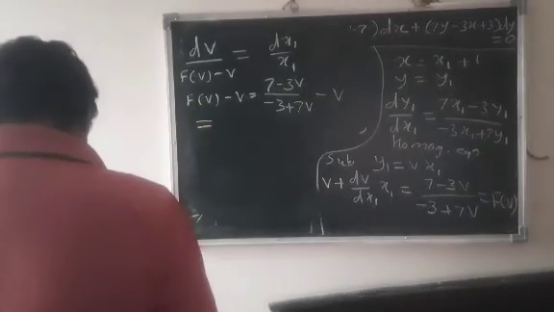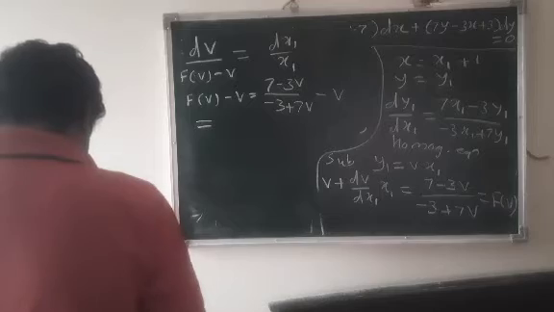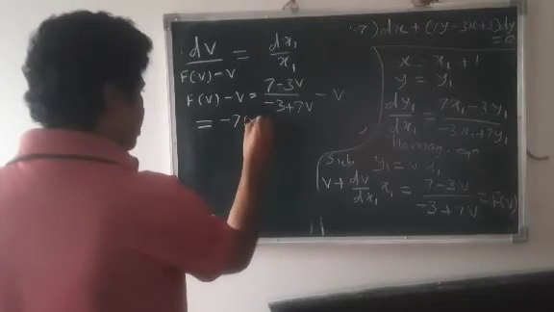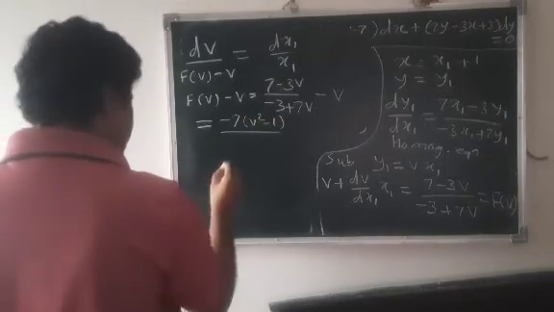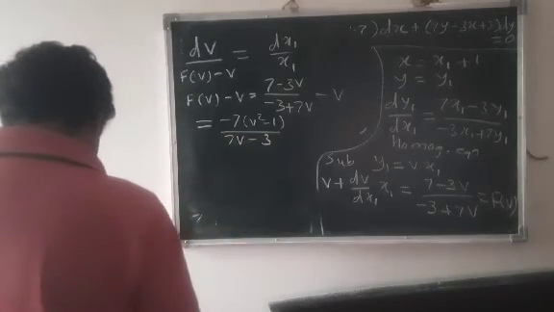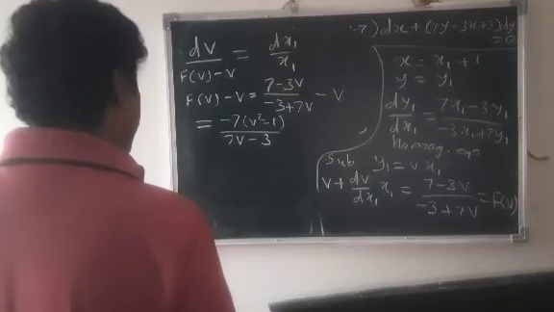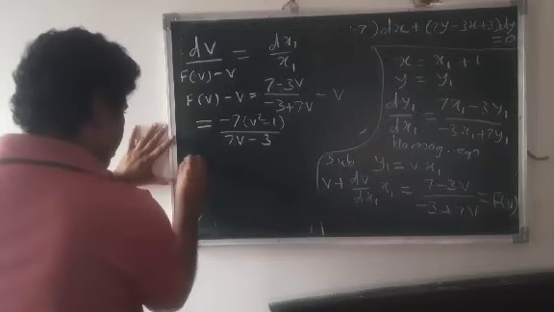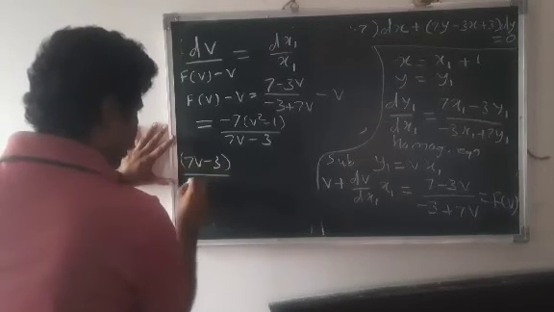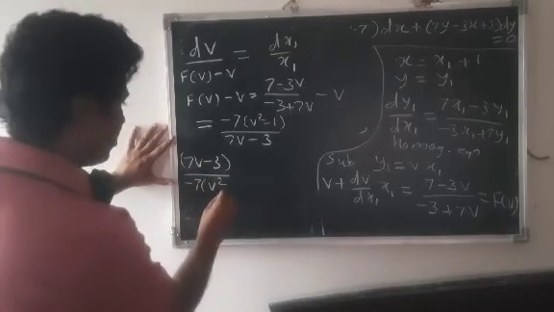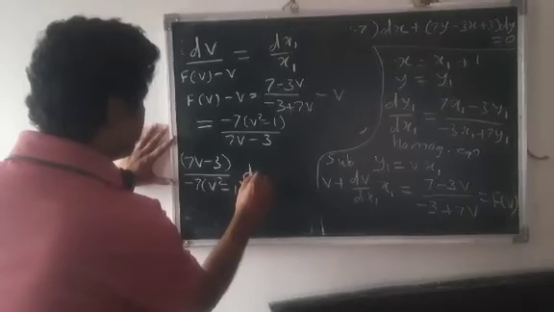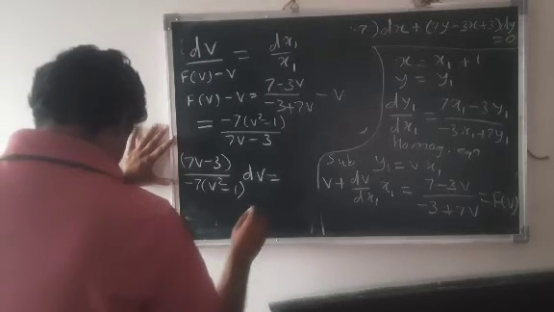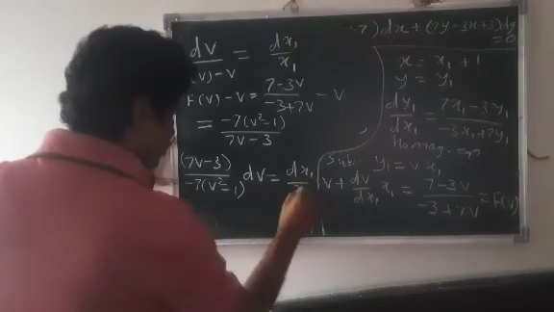So simplifying, we can write it as minus 7 into (v square minus 1) divided by (7v minus 3), and the differential equation becomes (7v minus 3) divided by (minus 7 into (v square minus 1)) dv equal to dx1 divided by x1.